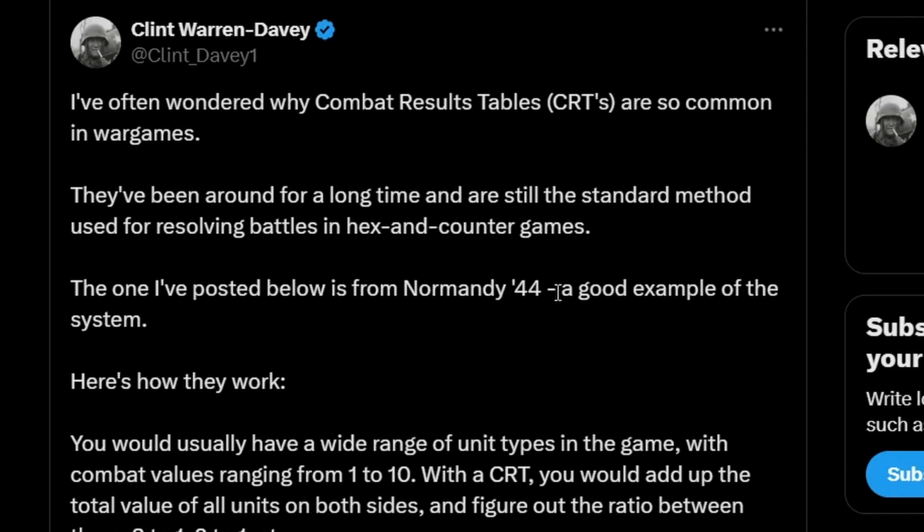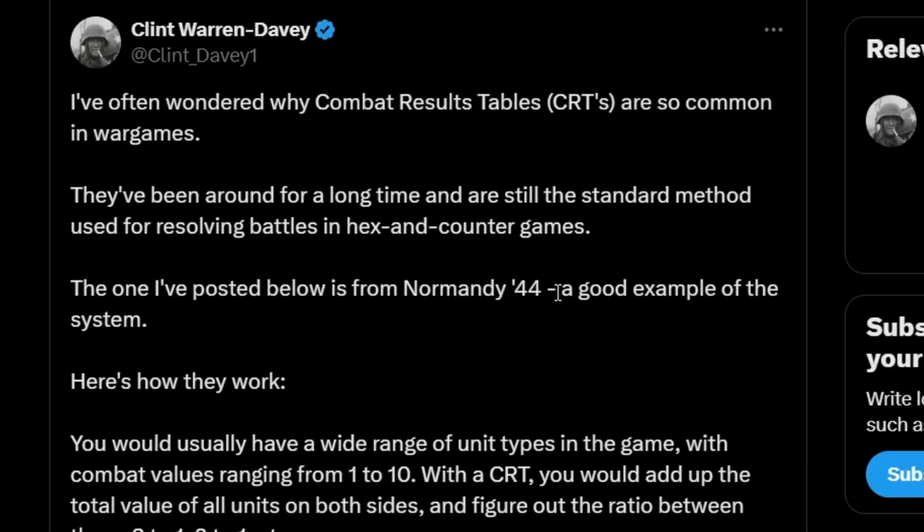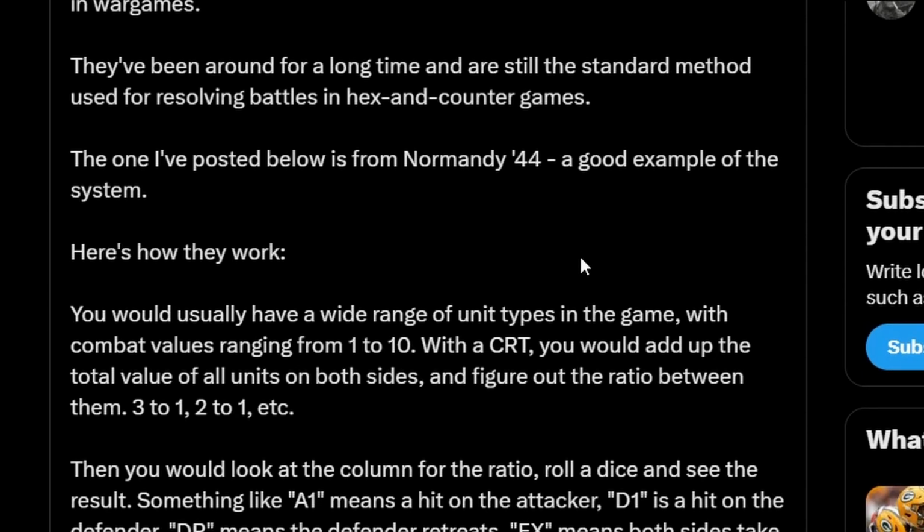And he also influenced games like Bitter Woods, for example. I think the Bitter Woods dice system and the Normandy 44 games, the World War II games that Simonich has been recently working on, they all share a relatively similar style of CRT.